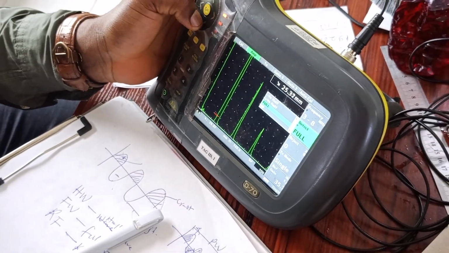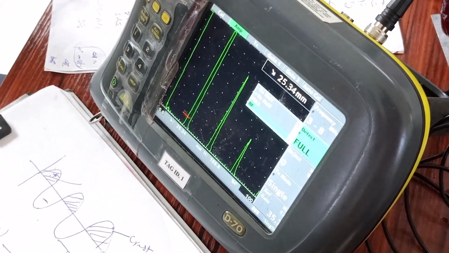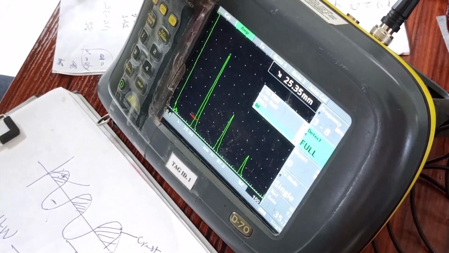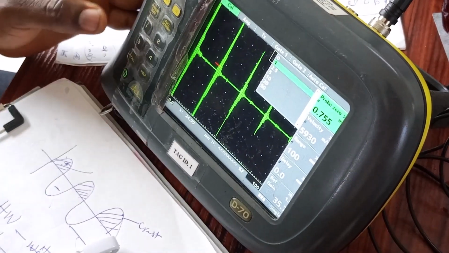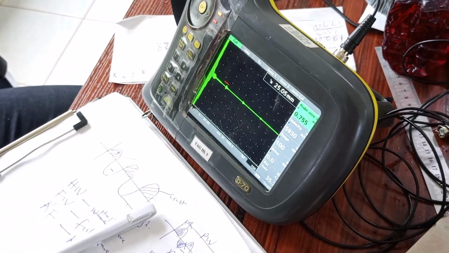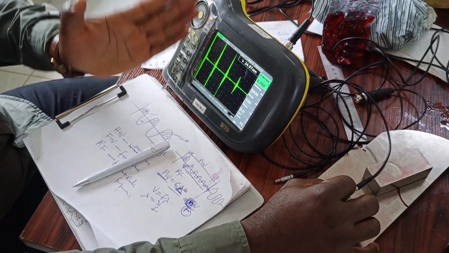Now, if we look at the last option, RF, which is the radio frequency. If you look at it, you will see this is a very unique representation.